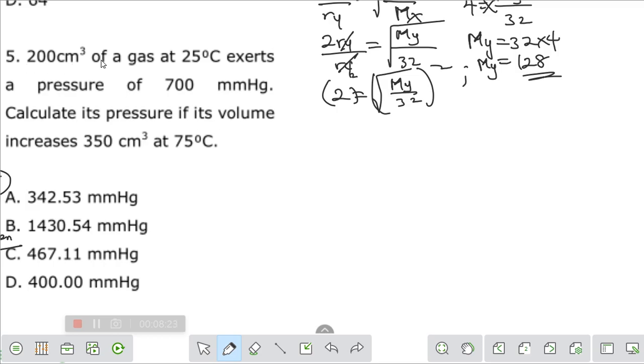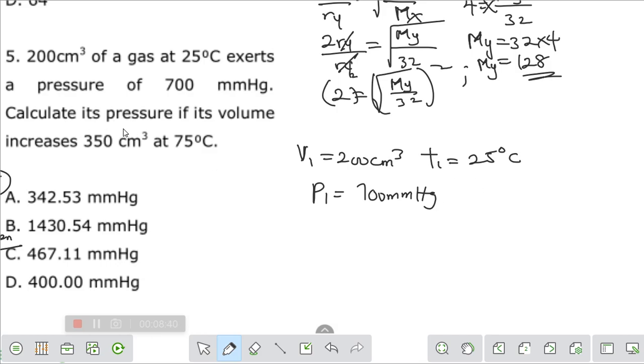They said 200 cm cube of a gas, that is the volume, at a temperature of 25 degrees Celsius and a pressure of 700 millimeter mercury. They now said we should calculate this pressure, so it means that will be our second pressure, if the volume is 350 cm cube at a temperature of 75 degrees Celsius.